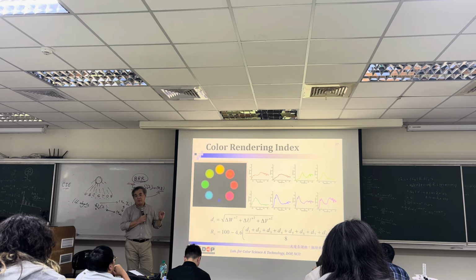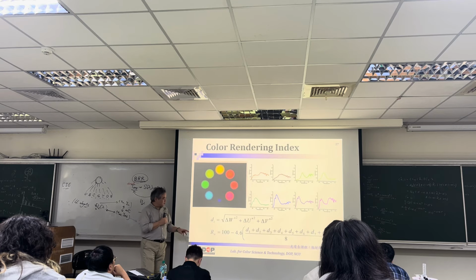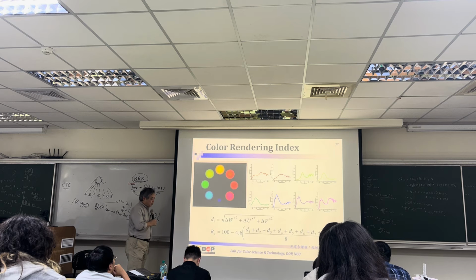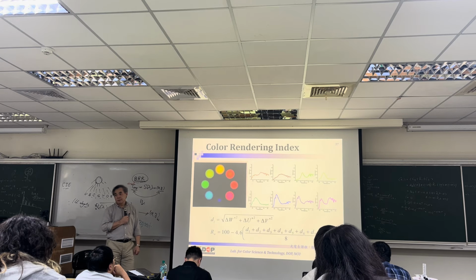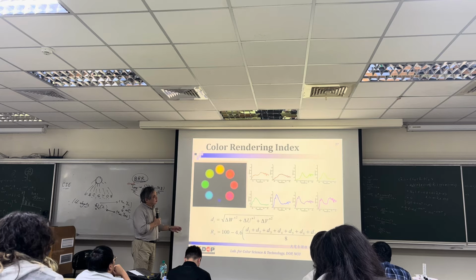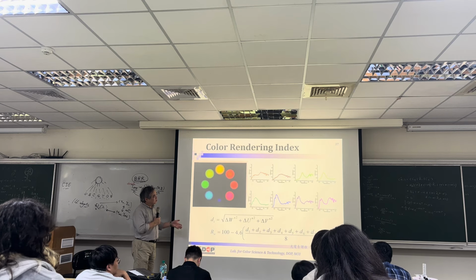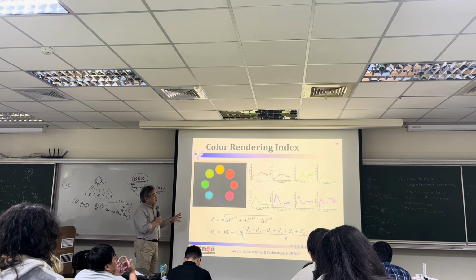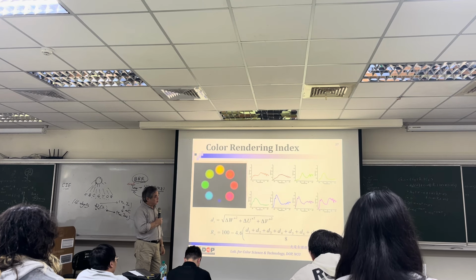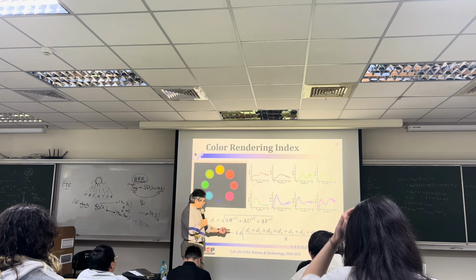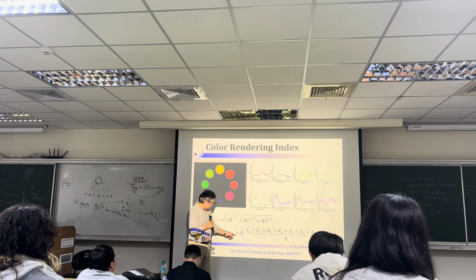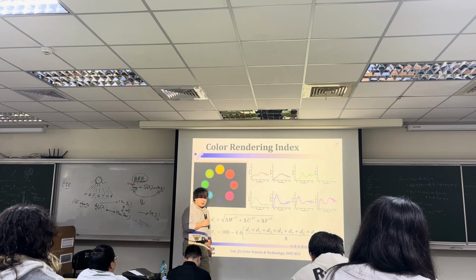So if you have no color difference, you will have a CRI of 100. Okay, so 100 means best quality. It means you can recover every color exactly.